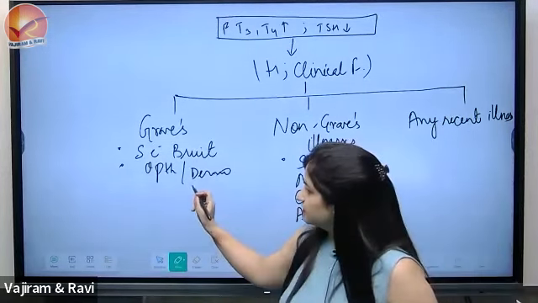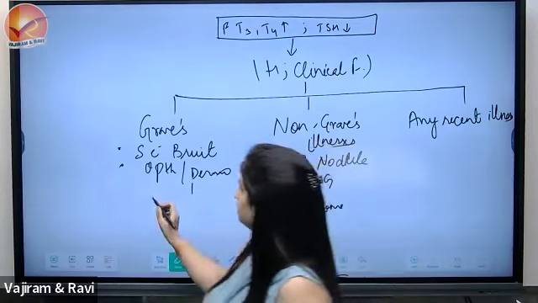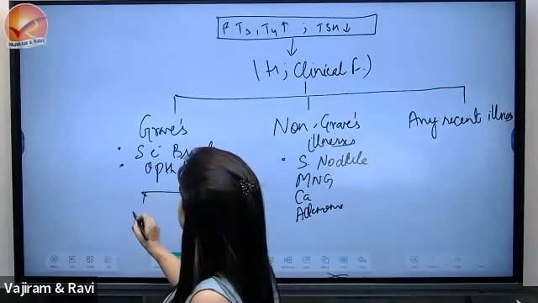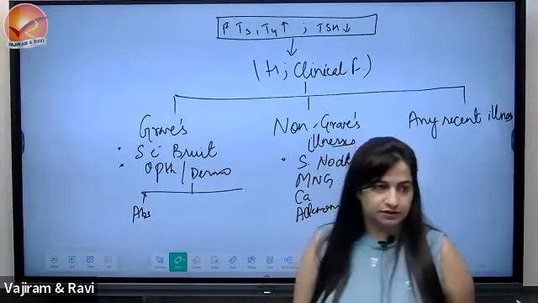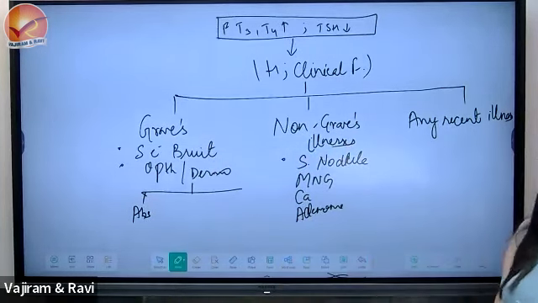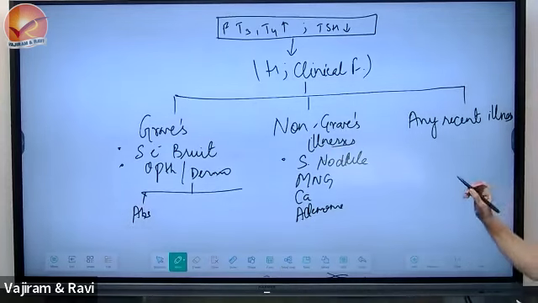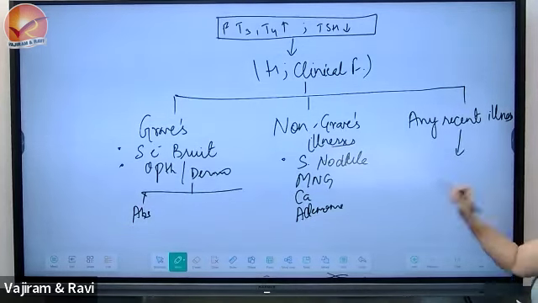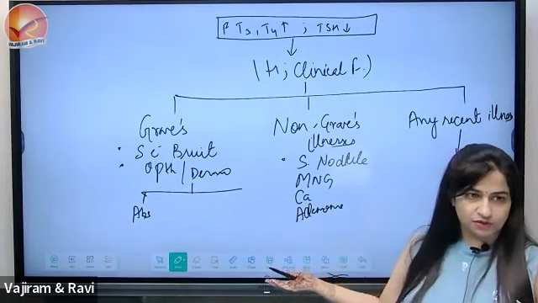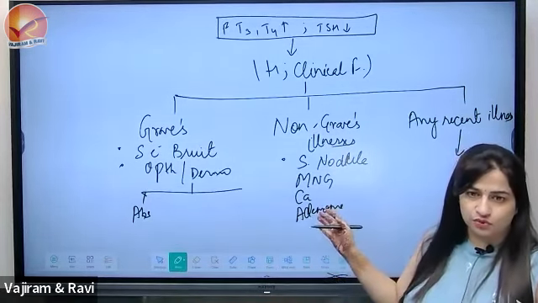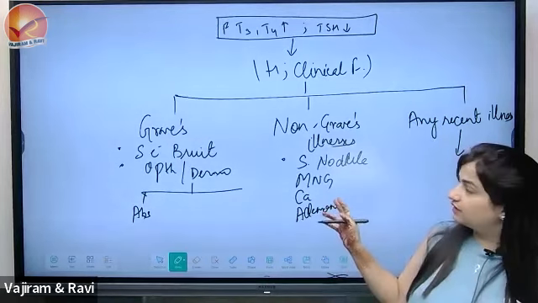Now here our next line of investigation will be, we'll ask the patient for the antibodies. We'll check the antibodies. The non-Graves illnesses also will get ruled out by the antibodies, but usually we do not go for it. What do we go for here in non-Graves?